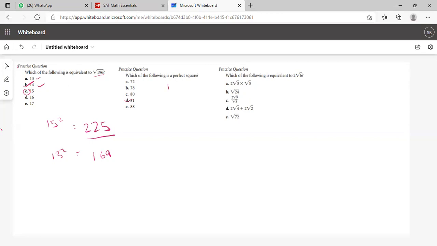Because I know 1 is a perfect square, 2 square, 4 is a perfect square, then 9, then 16, then 25, then 36, and so on. This is a list of perfect squares which anyone can write down by simply doing 1 into 1, 2 into 2, 3 into 3, 4 into 4, 5 into 5, 6 into 6, and so on. I'll end up getting 81. 9 square is 81. Right, is it clear?